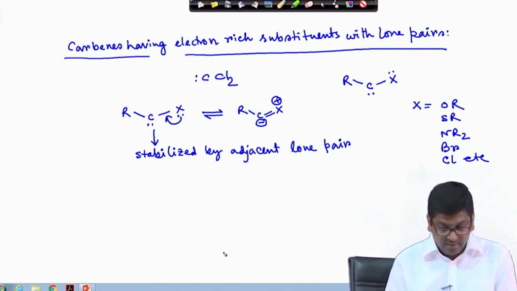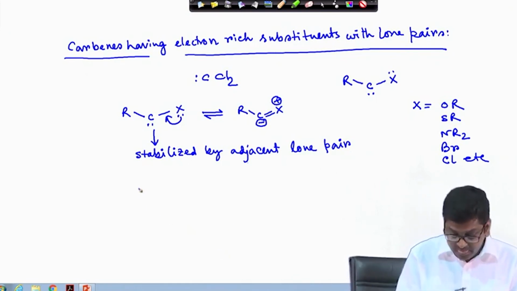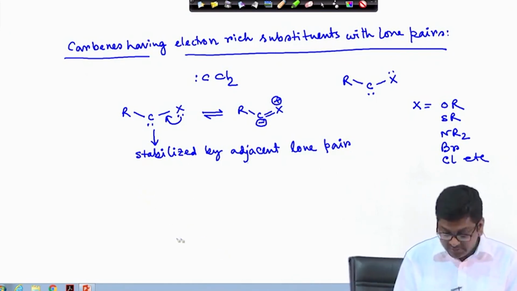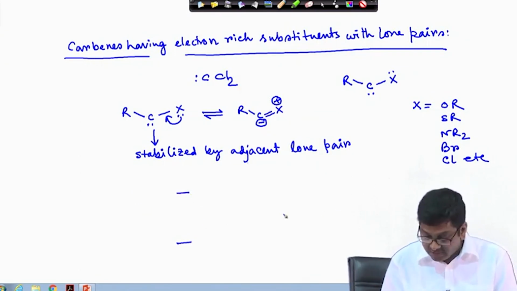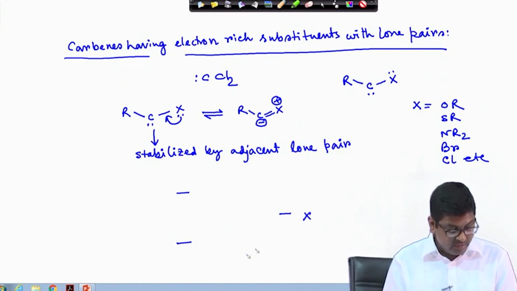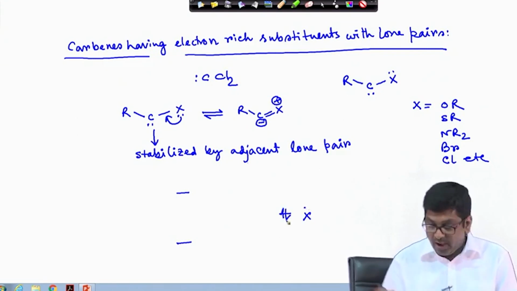Fine. How can it stabilize this one? If we see its orbital overlap, okay. Now this is the X that is having this lone pair, we can think like this.